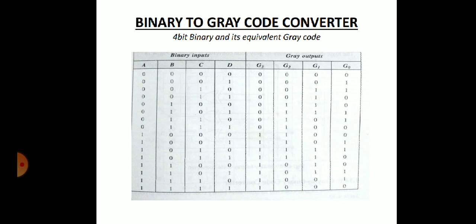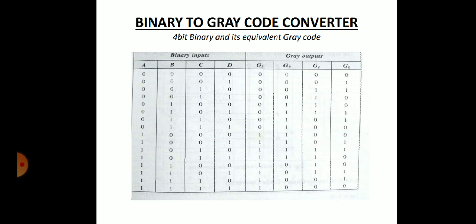How can we convert to gray code? The rule is, suppose the binary input is 0000, first row. First write down the first digit directly, that is A written in G3, that is 0, you write 0.